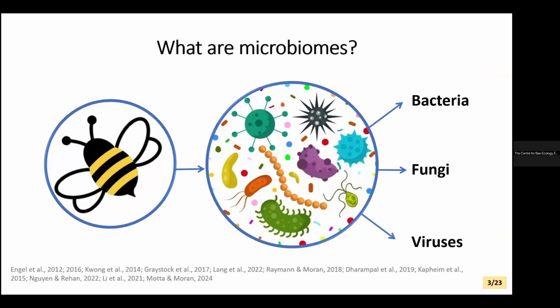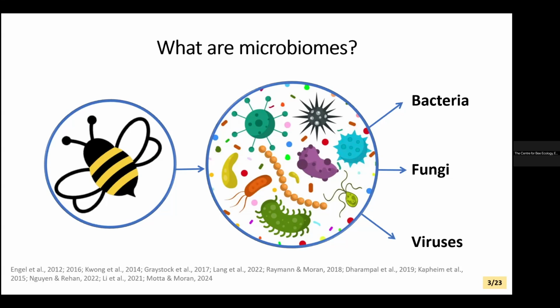But there are also many microbes, especially bacteria, involved with important biological processes like digestion, nutritional uptake, immunity, even cognitive ability. And dysbiosis, which is the imbalance of a healthy microbiome, often results in poor development or increased mortality. And so observing microbiomes has become quite important in bee conservation research.